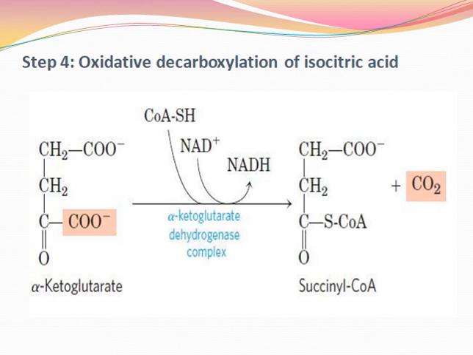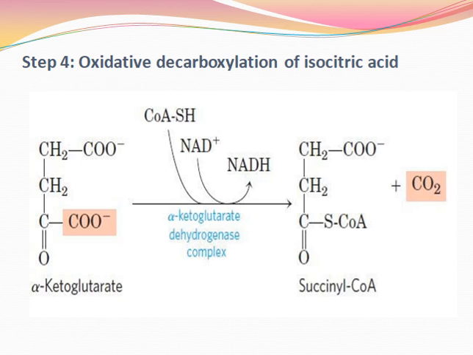Then step number 4, oxidative decarboxylation of ketoglutaric acid. In this step, ketoglutaric acid, which is produced in step number 3, is oxidatively decarboxylated to form succinyl coenzyme A and CO2 by the enzyme alpha ketoglutarate dehydrogenase with magnesium ions.